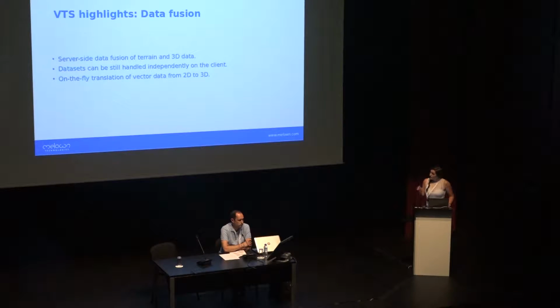Because this fusion is running on the server side, the datasets can still be handled independently on the client. Another part of the VTS is on-the-fly translation of vector data from 2D to 3D, because most vector and raster data do not contain height information, so we have to enrich that data with height information.